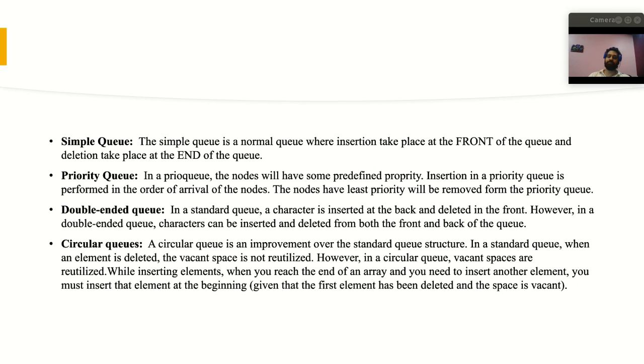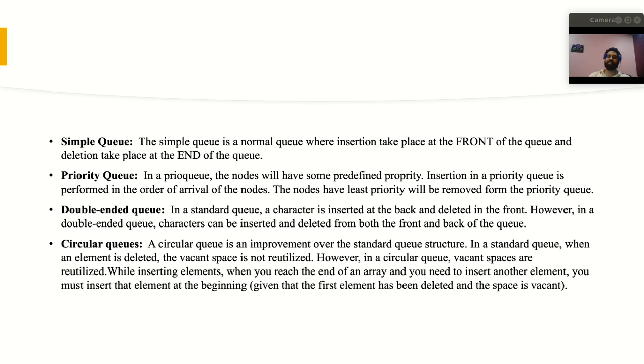In a simple queue there is no priority with the nodes or the data, but in a priority queue every element has some predefined priority. According to the priorities we are able to delete or remove that element. The element having the low priority will come out first.